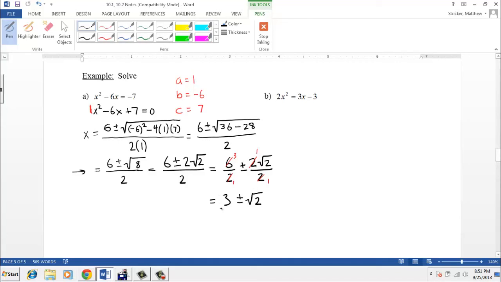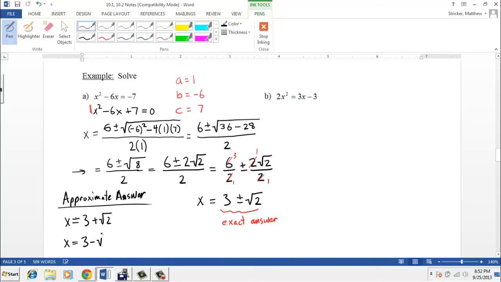A lot of times my math lab is going to want you to leave it in exact form. This is the exact answer. You should be familiar with leaving it as the exact answer, but we can also find an approximate answer. And so that would be what happens when we get 3 plus the square root of 2 and 3 minus the square root of 2.